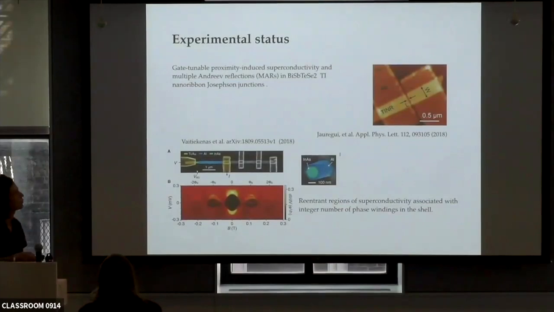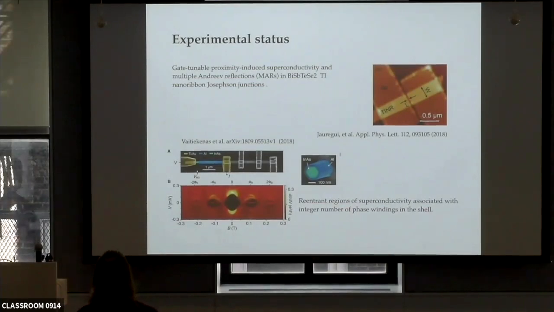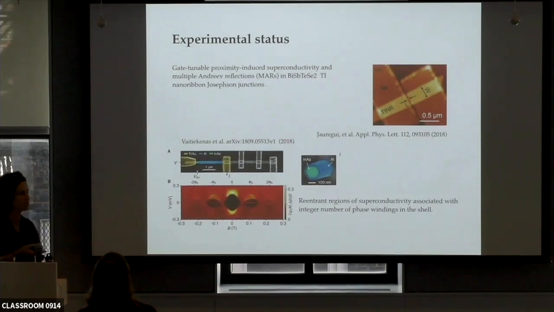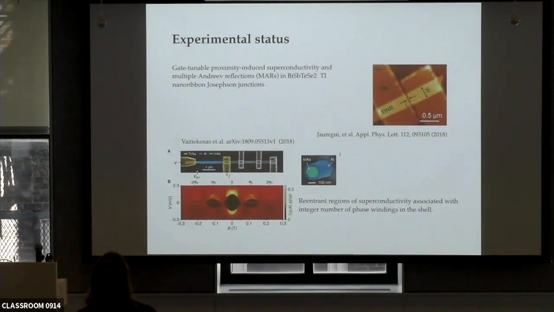I want to say something about experiments. It has been demonstrated that you can successfully couple TI nanowires to superconductivity. This is from Yong Chen's group. Basically, they're inducing the proximity effect and creating a Josephson junction, and they did observe signatures of multiple Andreev reflections in these junctions. There's no threading of flux yet, but we're hoping that this is going to happen in the near future.